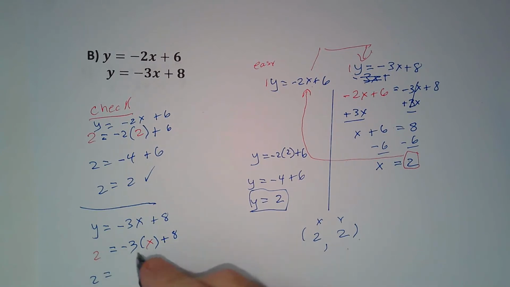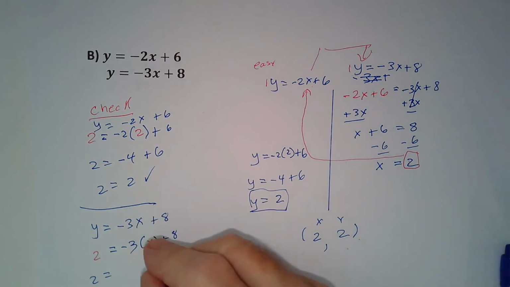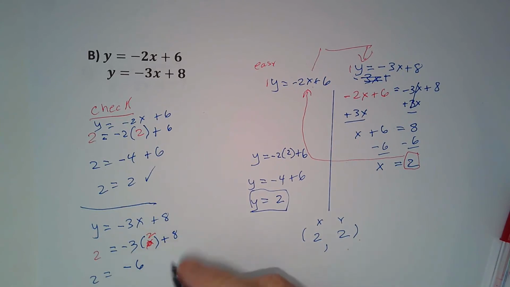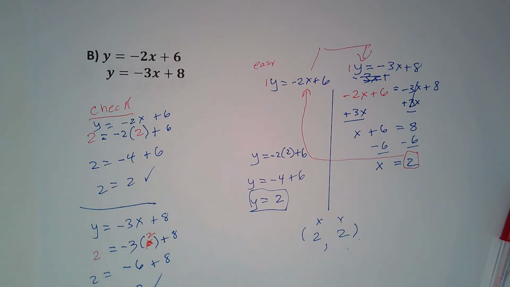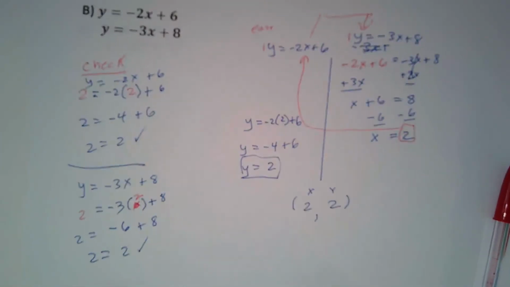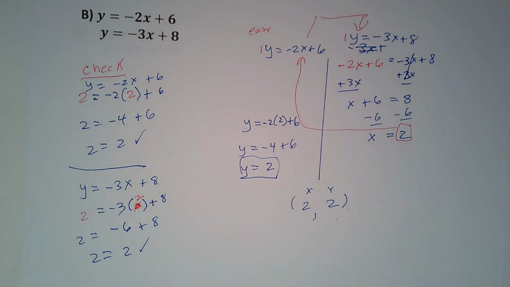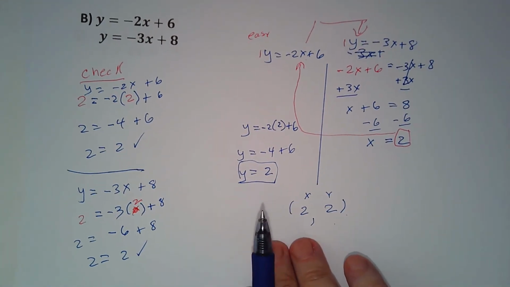So negative 3, and the x, what is the x? The x is 2. Let's change that to 2. Okay. So negative 3 times 2 is negative 6 plus 8. Negative 6 plus 8 does equal 2. 2 equals 2. It checks. So you can see that we have, again, systems that check. You can get a good solution like that. You'll always be correct, and you can do extremely well in tests.